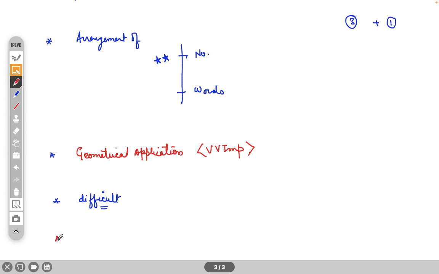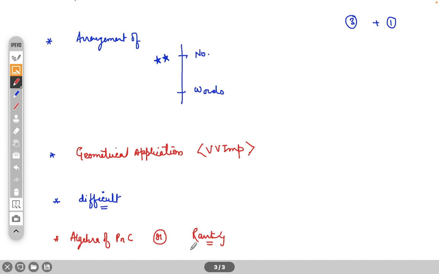Another type is algebra of permutation and combination or ranking. Only one of the two will come. Either rank of a word will come or algebra of permutation and combination.